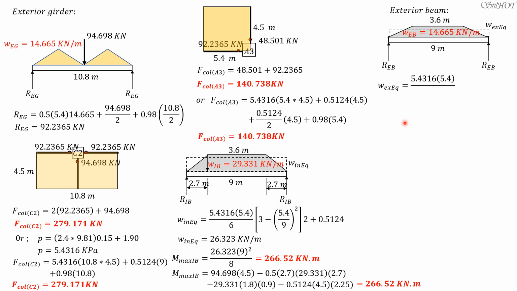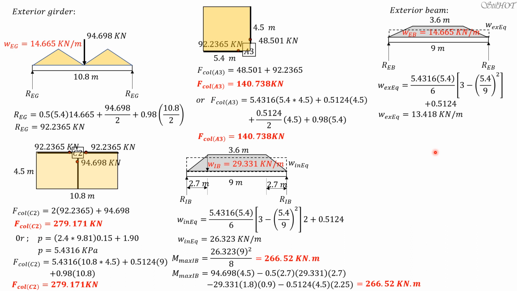So W equivalent of the exterior beam is equal to pressure times 5S over 6 quantity 3 minus S over L quantity squared, with S being 5.4. There's no more times 2 because it is an exterior beam, plus the weight of the beam itself.